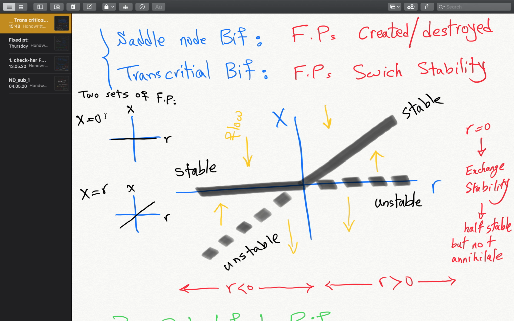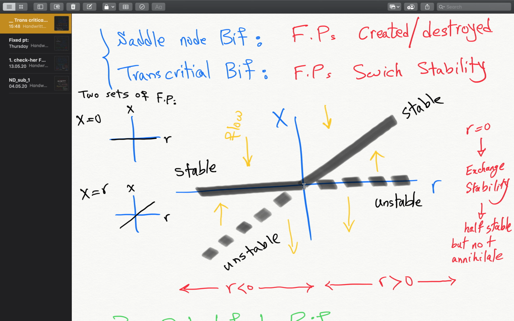So x is equal to 0 is this line, and x is equal to r is this line, right? The horizontal axis is r.